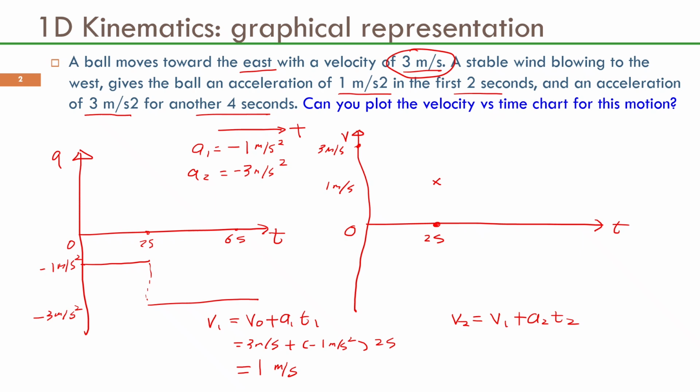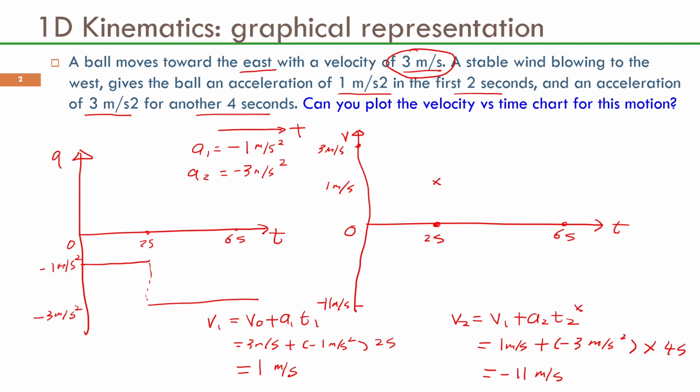So my v1 is my velocity at 2 seconds, which is 1 meter per second, plus minus 3 meter per second square, which is the acceleration from 2 to 6 seconds, times the time, which is 4 seconds, so I get minus 11 meter per second. So that means after 6 seconds, my velocity becomes minus 11 meter per second. So it's gonna be somewhere here.